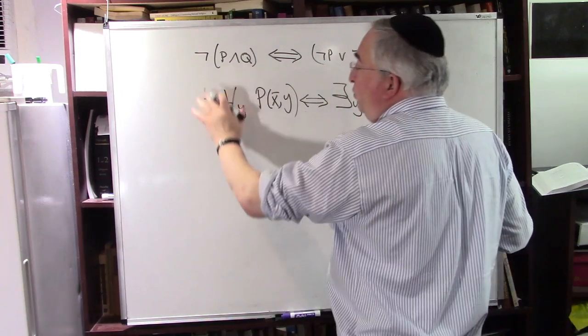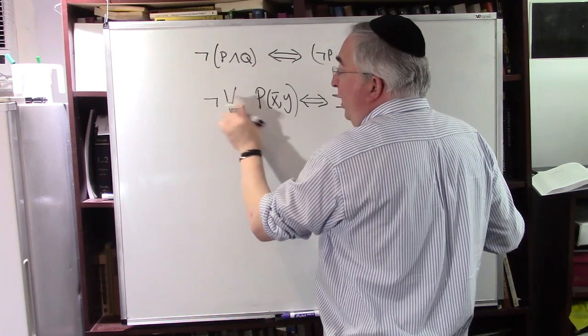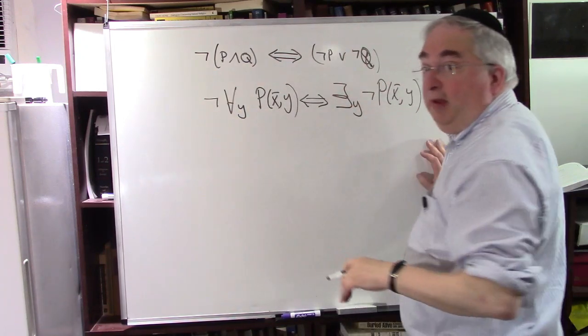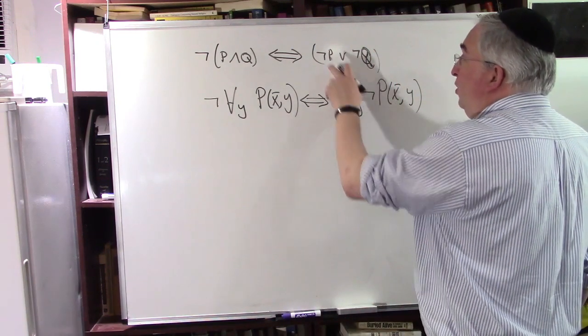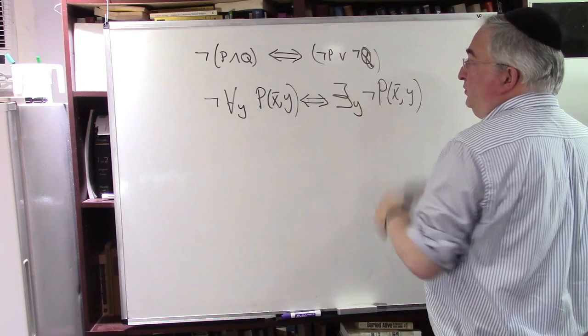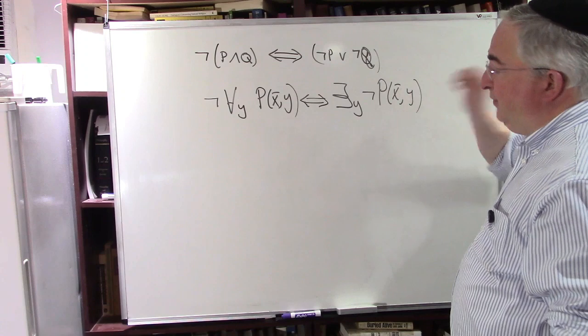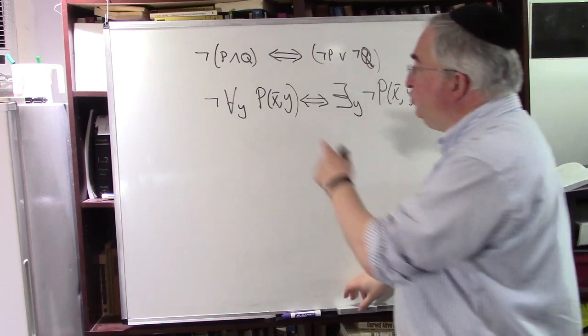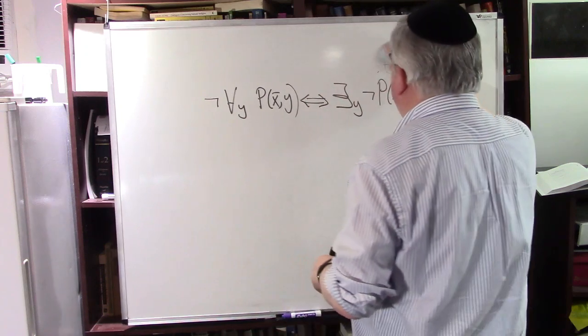And so we generalize this to here. Instead of having two ANDs, we have universal over all members of the domain of discourse, and instead of having two ORs, we have existential over all members of the domain of discourse, and we have the not in front of it. So this is one generalized De Morgan's rule.